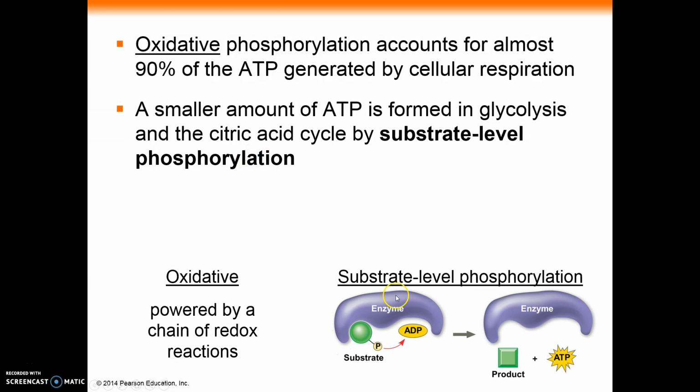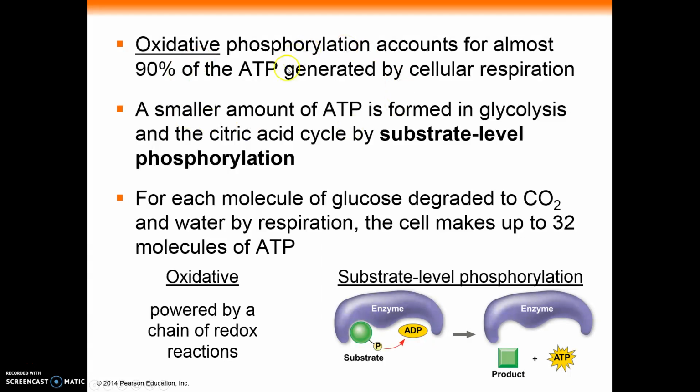This is essentially the process where we have an enzyme that can take ADP and transfer phosphate onto it, producing ATP. Okay? This is just using a simple enzyme to do a one-off process.